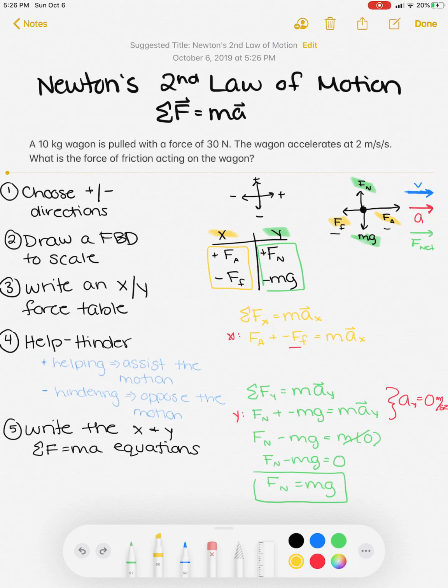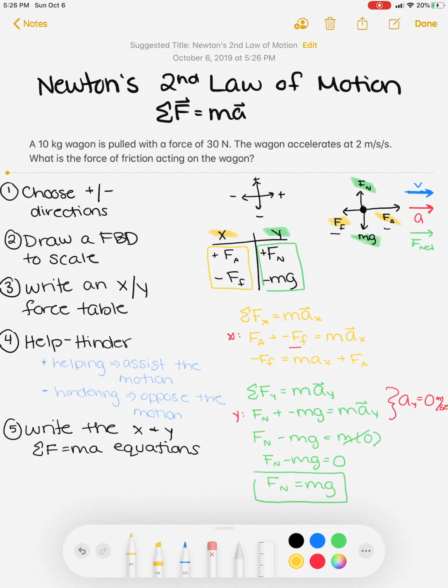But to solve the actual problem itself, all we have to do is plug our numbers into our F equals ma equation in the x direction to solve for friction. I'm going to go ahead and rearrange this equation to begin so that I can solve for F_f. So I get negative F_f, all I'm doing is adding this F_A to the other side, is equal to ma_x plus F_A.